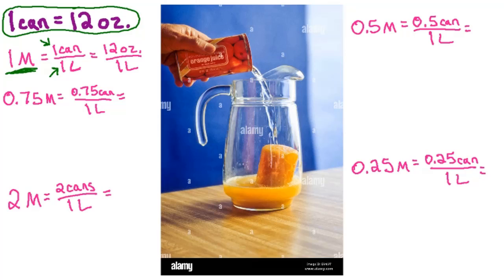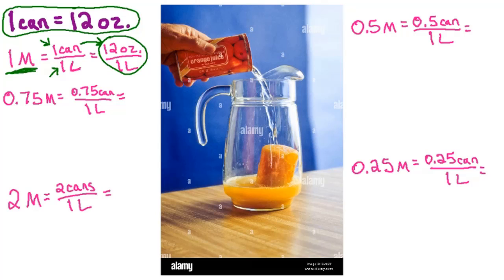So that's a molarity of 1. So if you have 1 can and 1 can equals 12 ounces of frozen orange juice concentrate, then don't you have 12 ounces of frozen orange juice concentrate for every 1 liter of water?